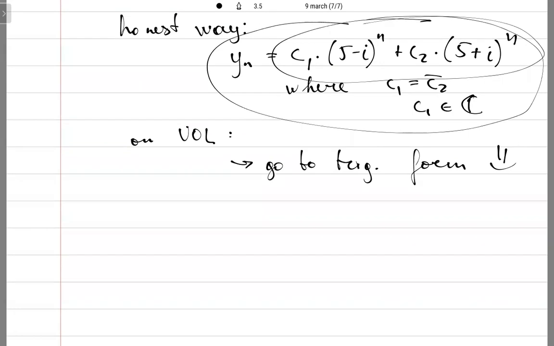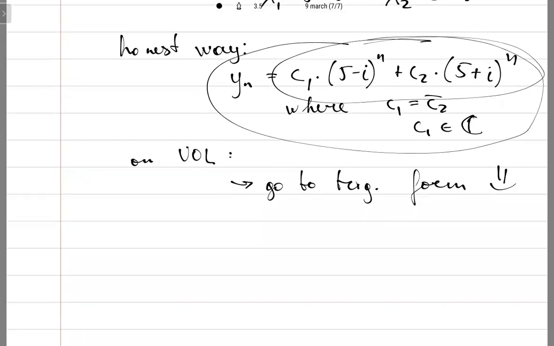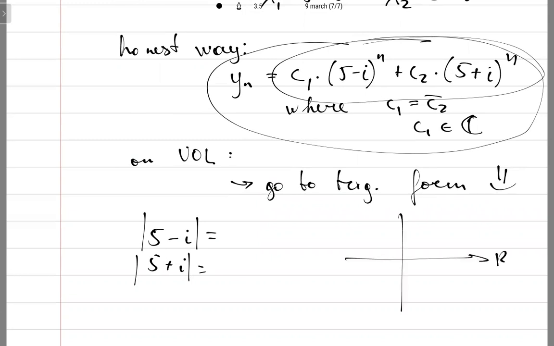Okay, how can we write 5 minus i or 5 plus i? What is the absolute value of these numbers? The absolute value will be the same, obviously, but anyway, we need it. These numbers are symmetric.